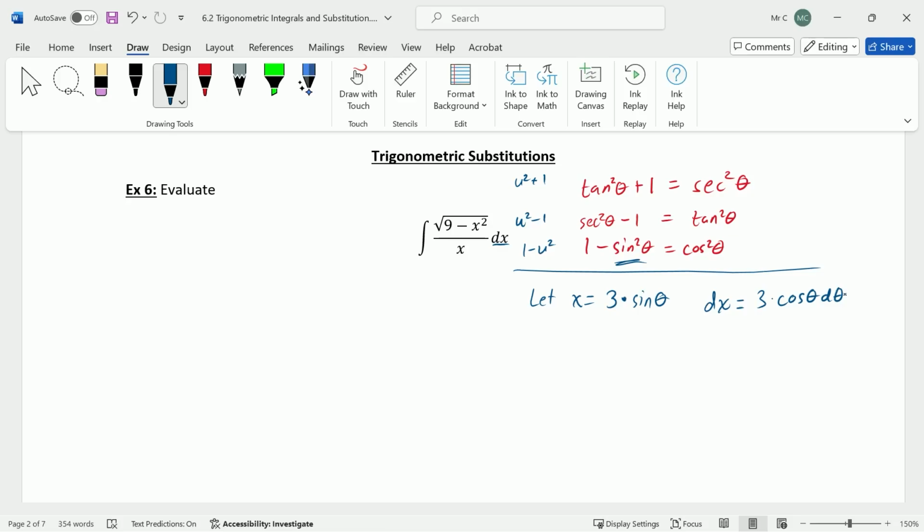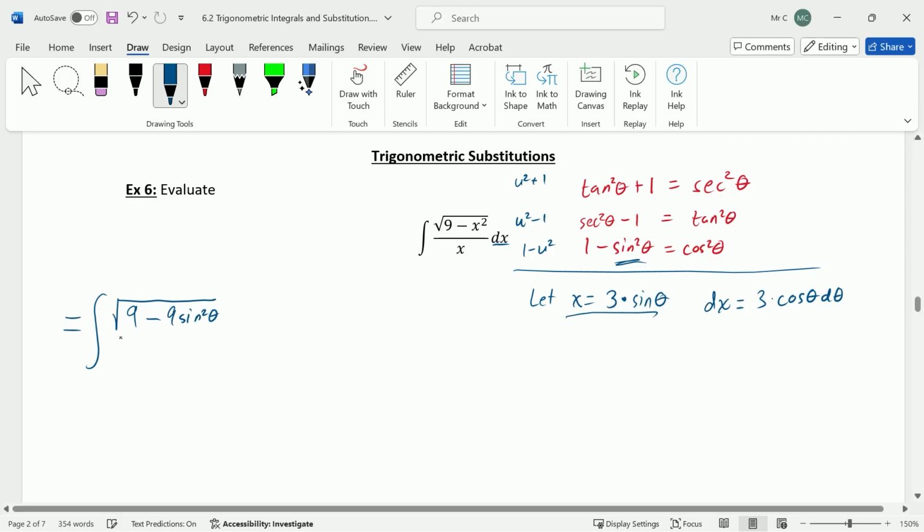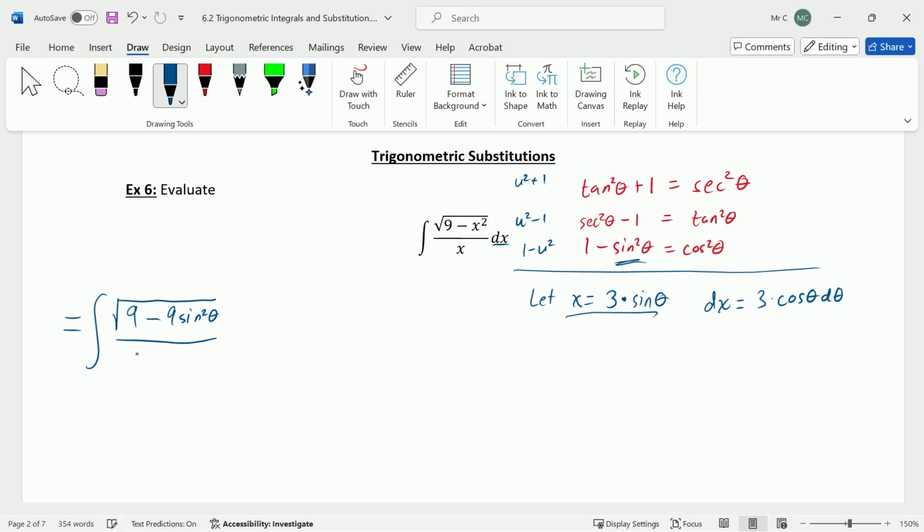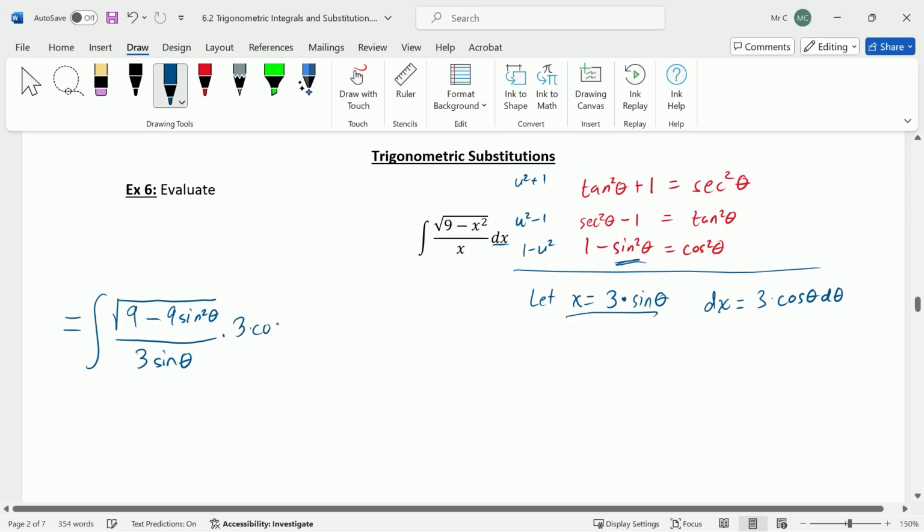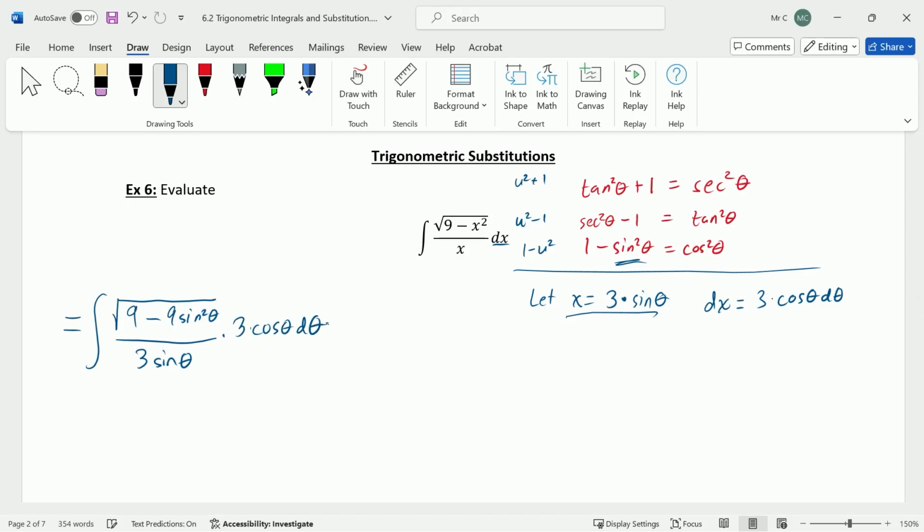And now I'm going to go ahead and substitute all this stuff into my integral and see what happens. So this becomes 9 minus, and since I'm squaring my x, I get 9 sine squared of theta all over x, which is 3 sine of theta, and my dx is 3 times cosine of theta d theta.